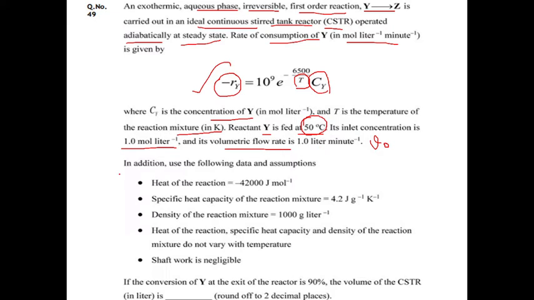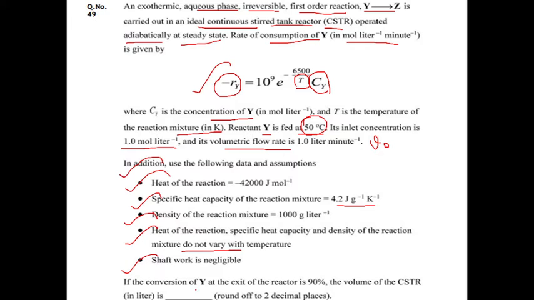In addition, use the following data and assumptions. Heat of the reaction minus 42,000 joule per mole. Specific heat capacity of the reaction mixture is equal to 4.2 joule per gram Kelvin. Density of the reaction mixture 1000 gram per liter. Heat of the reaction, specific heat capacity and density of the reaction mixture do not vary with temperature. Shaft work is negligible.